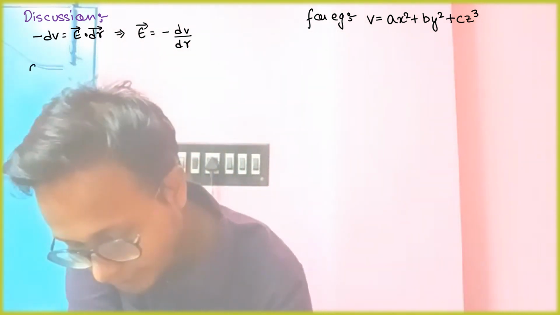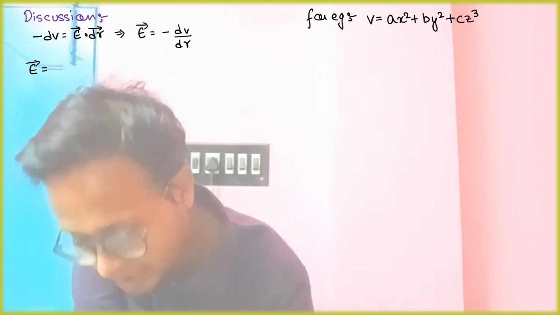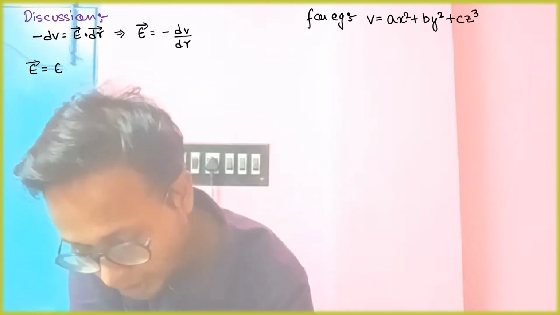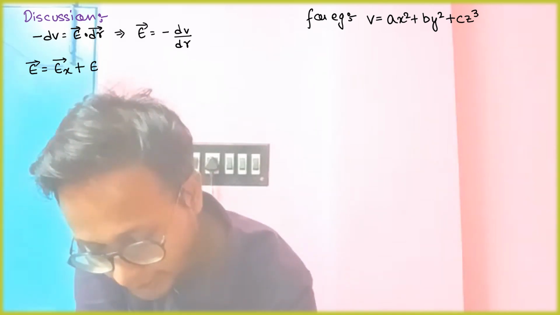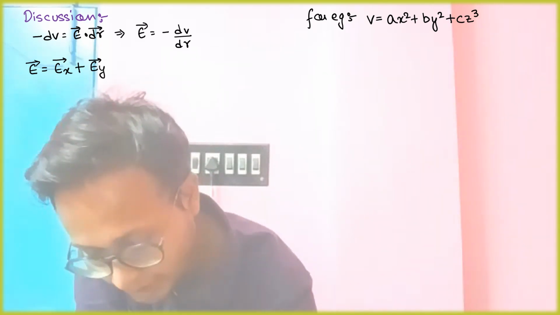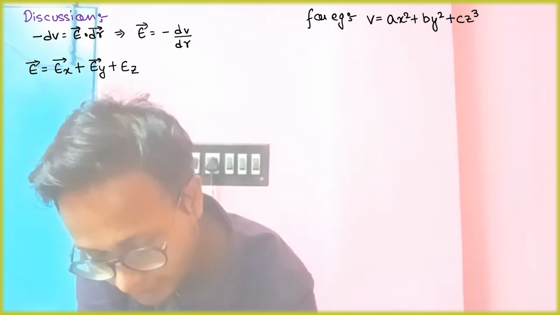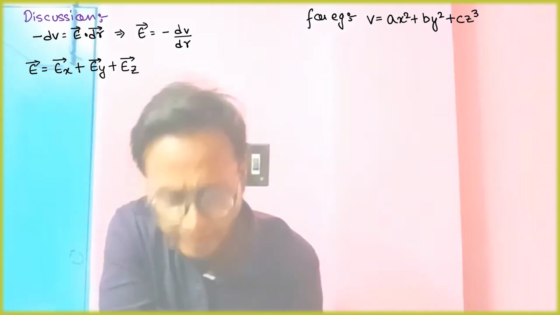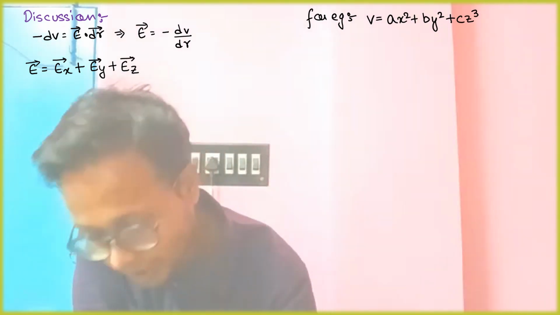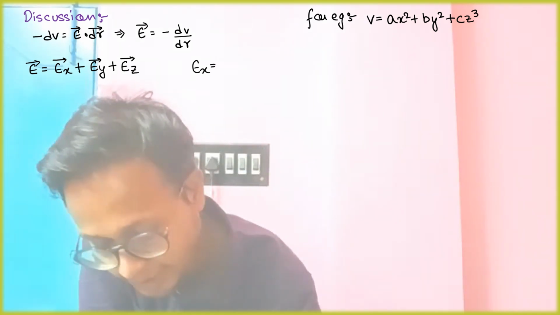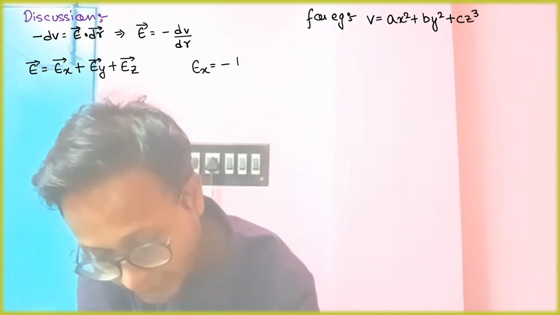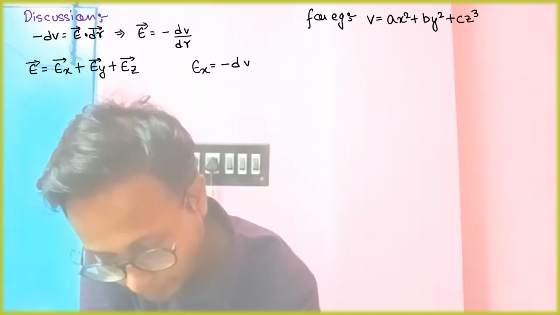So electric field at any point in space can be written as a combination of electric field in the x direction vector plus electric field in the y direction vector plus electric field in the z direction vector, isn't it? And what is electric field in the x direction? Electric field in the x direction is nothing but minus dV by dx.